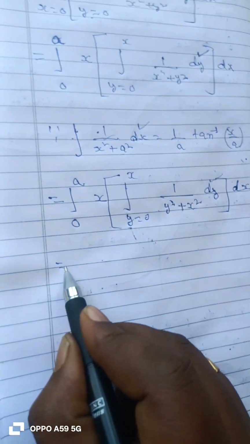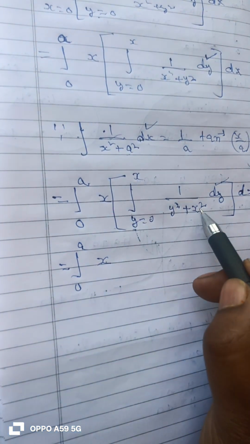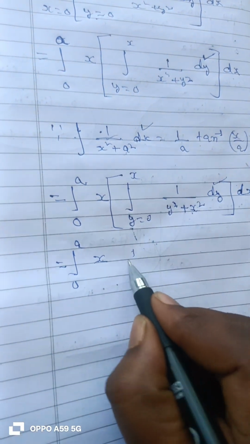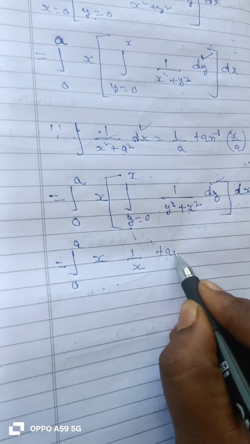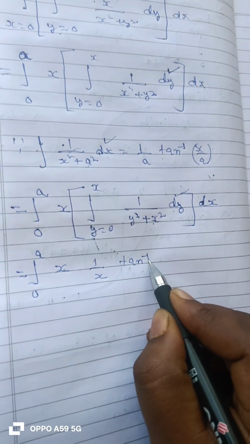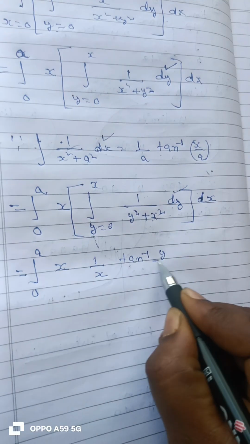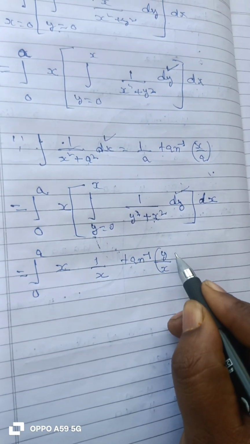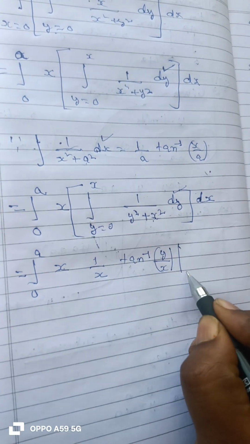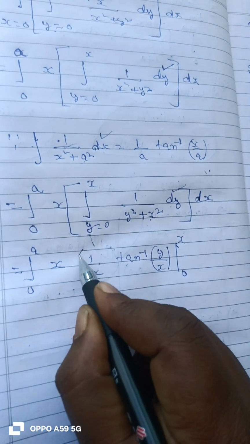So this is equal to 0 to a, x written as it is. In the place of a we have x, so I am going to write 1 divided by x, next tan inverse, in the place of x we have y, in the place of a we have x. For this I am going to apply the limit from 0 to x.